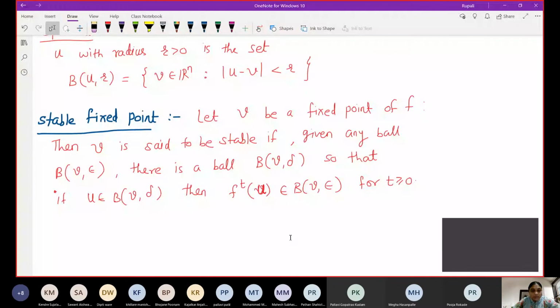Then we say that that fixed point is a stable fixed point. If not, otherwise, V is said to be unstable. This is stable.